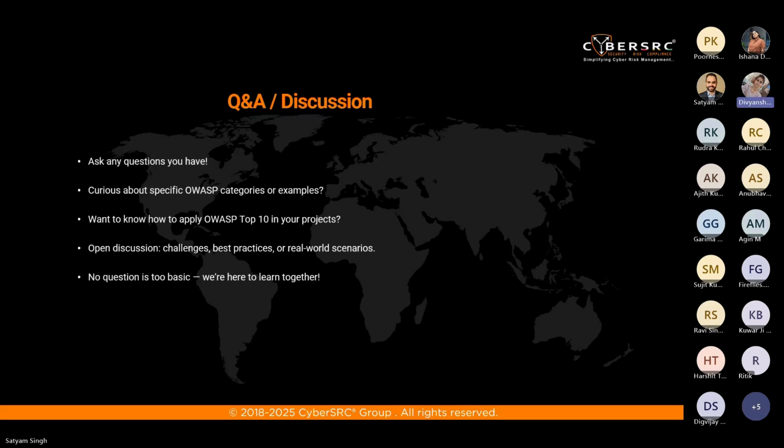Hello guys, everyone. Thank you for joining this session. I hope this session will be helpful for you to understand the OWASP Top 10 and their impact on the web application, and not only the web application, but all the stakeholders involved in making and using the web application, including client side, server side, a user, a developer, any organization.